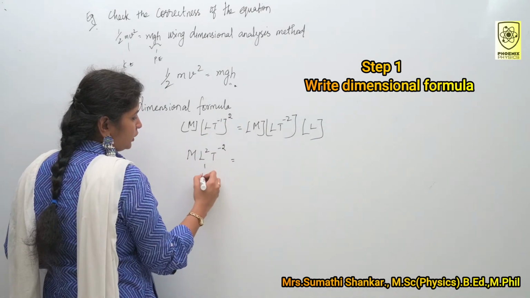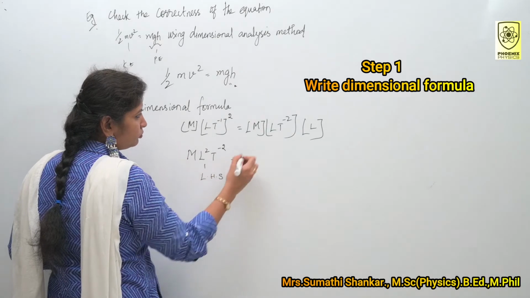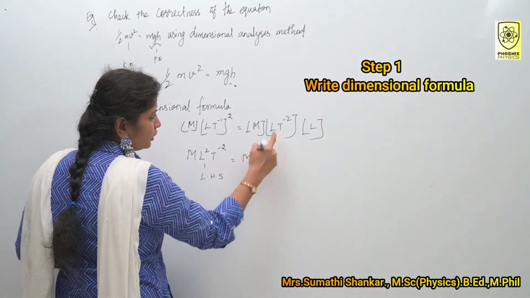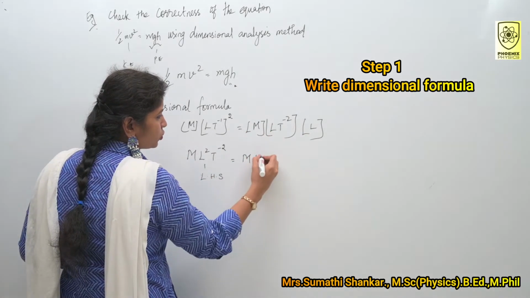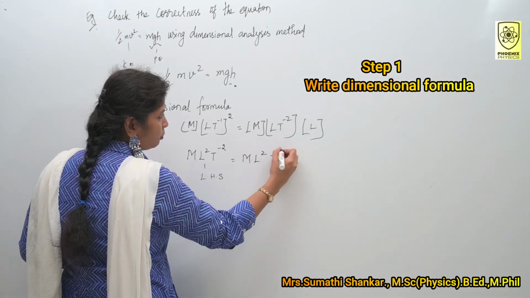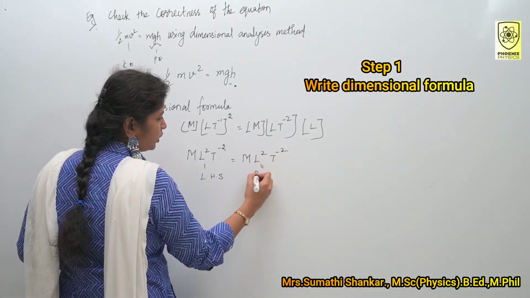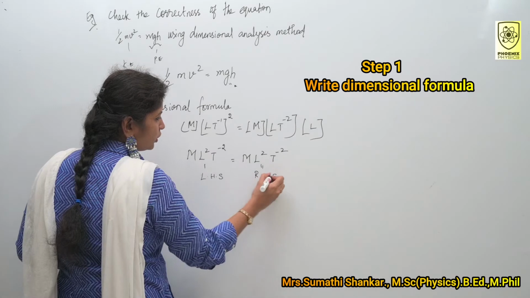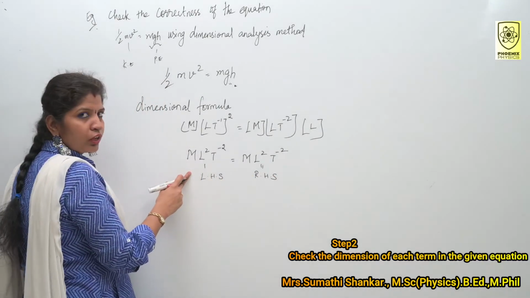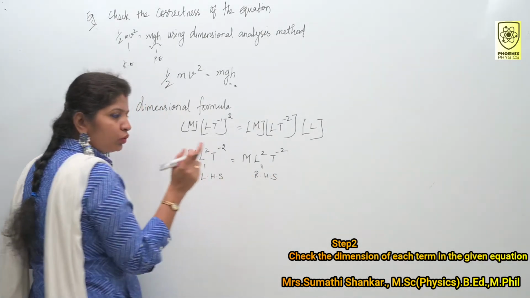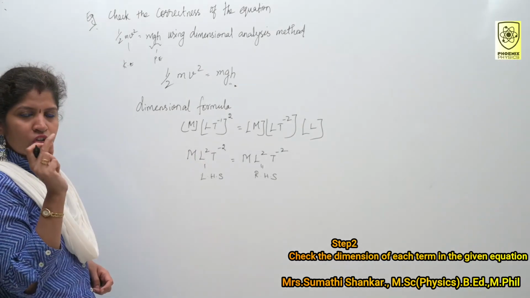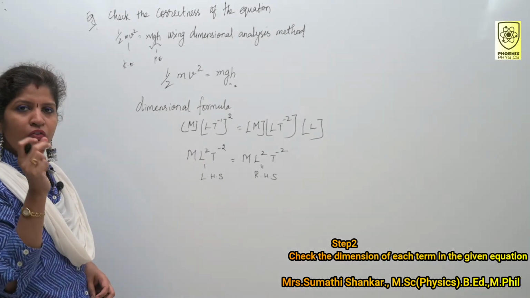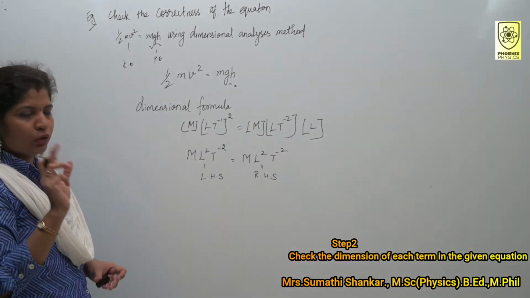This is my LHS. Here M, L into L square, then T power minus 2. This is my RHS. Here LHS is equal to RHS. You know that our second step is check the dimension of each term in a given equation.